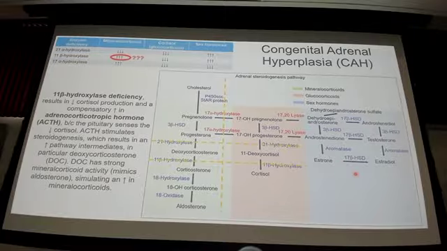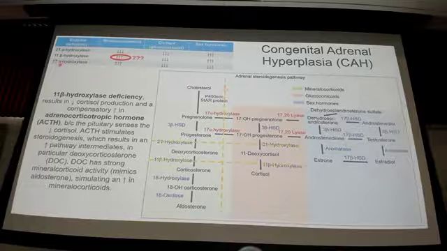That makes sense, right? Then for 17-alpha hydroxylase shown here, if this enzyme is deficient, that's going to increase aldosterone, which is a mineralocorticoid, and it's going to decrease both the cortisol and sex hormones.